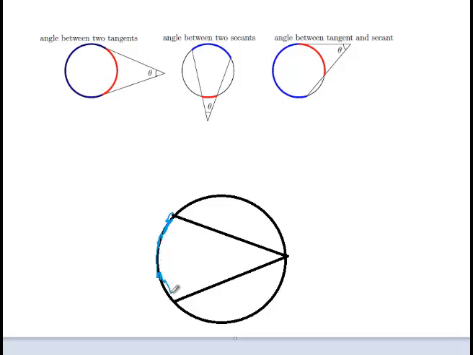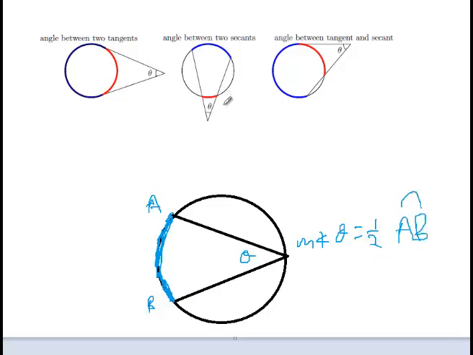Sorry if it's not drawn very well, as usual. All right. So if we call this angle theta, that means the measure of angle theta is 1/2 of arc AB. Okay, that's what we learned before.